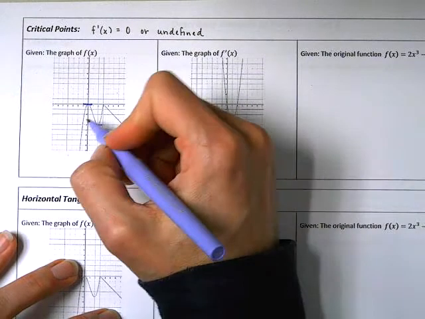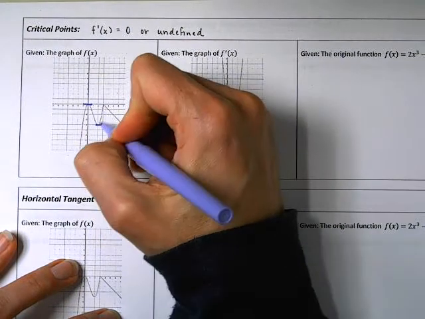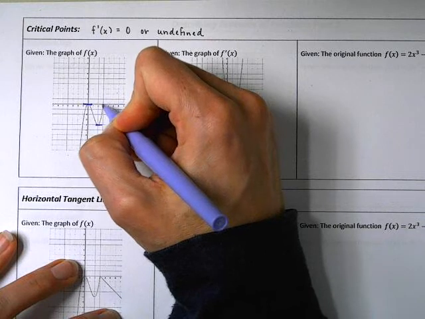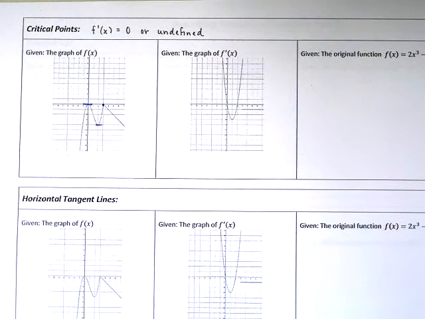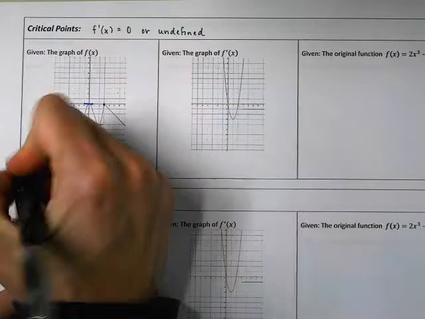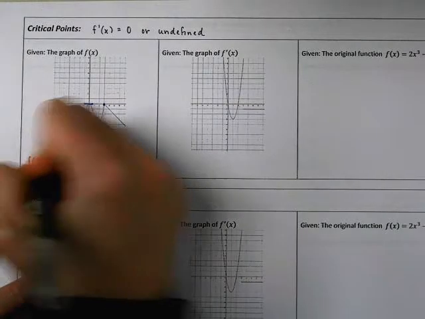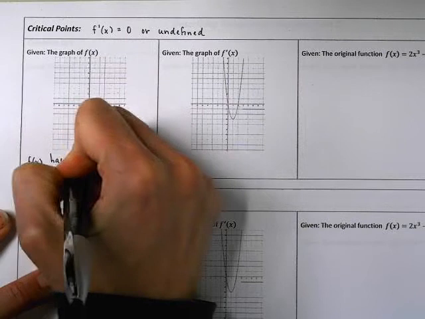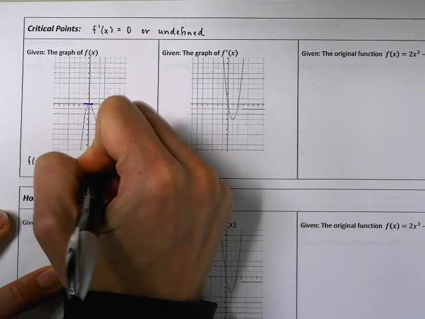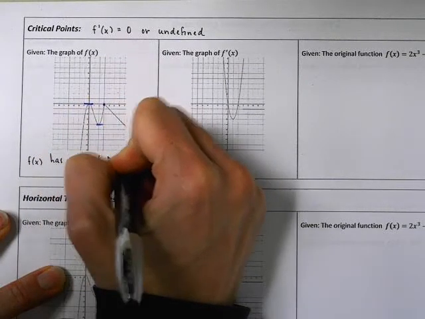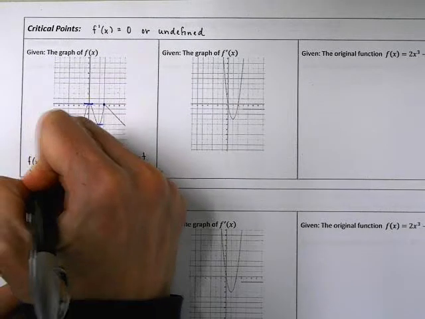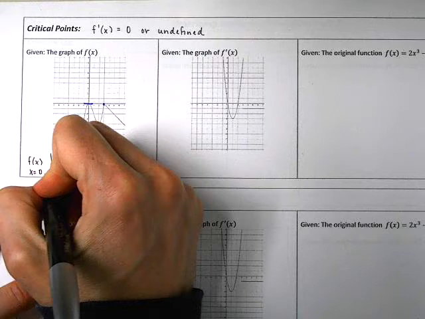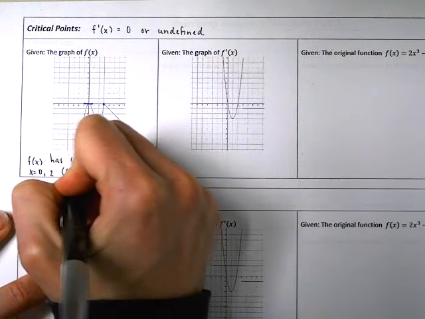And now if I think of a derivative, because I've got this kind of corner cusp point here, I'm going to be undefined here. So we would say f of x has critical points at, let's see, x equals 0 and 2, and I'm going to say f prime is equal to 0.